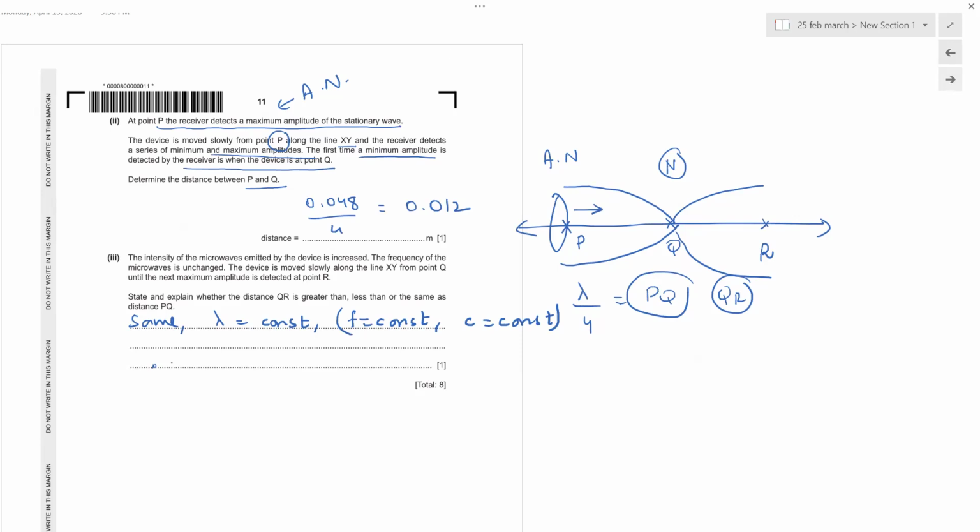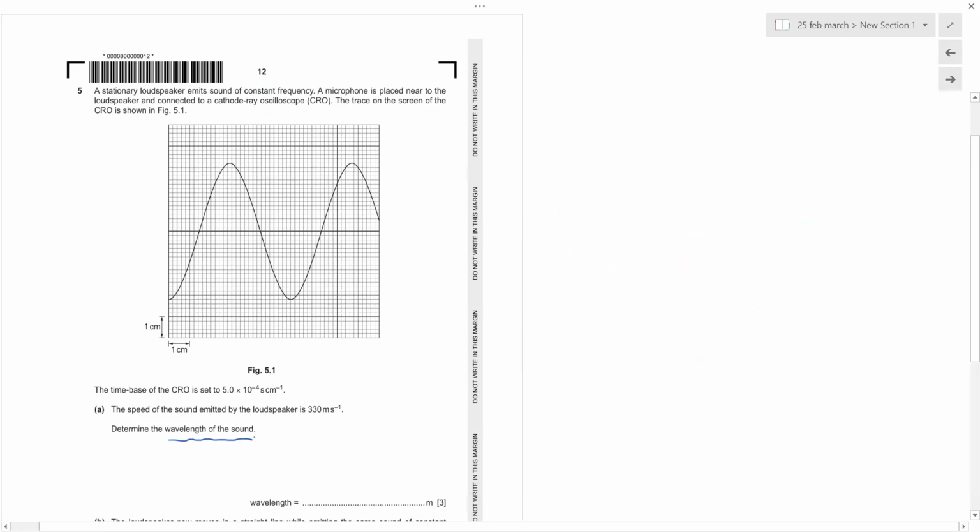What else? So we have to find out the wavelength of the sound. We have a CRO that is set to 5.0 exponent minus 4. Okay. So if we start here, so 1, 2, 3, 4, 5, and so on for each group of boxes.